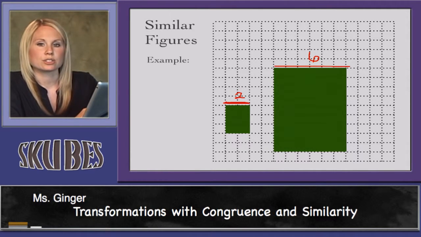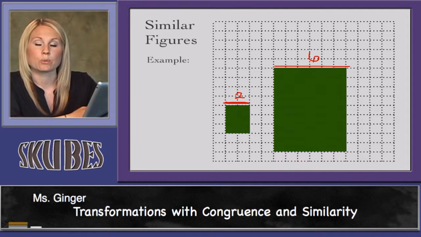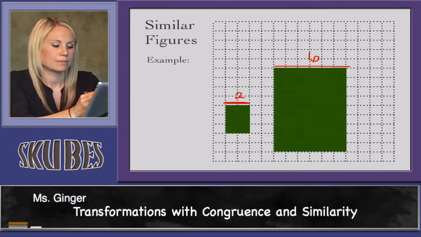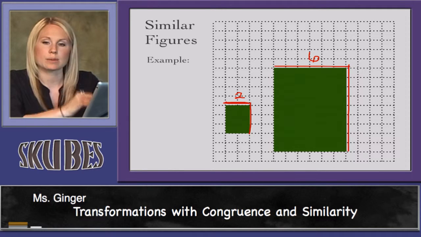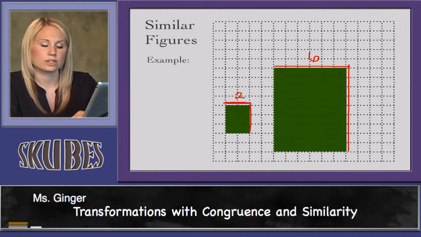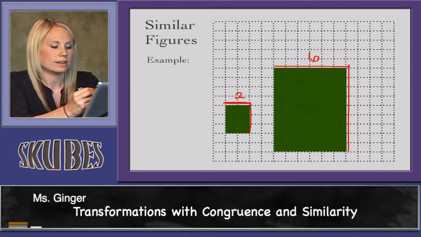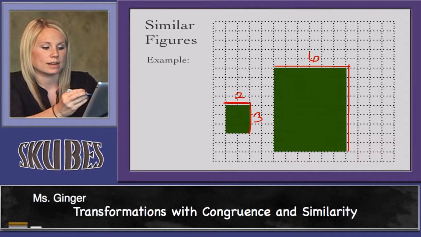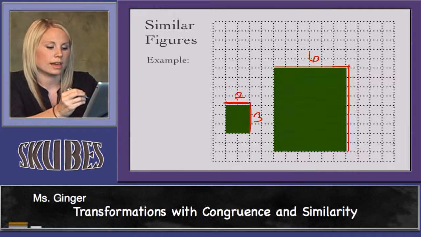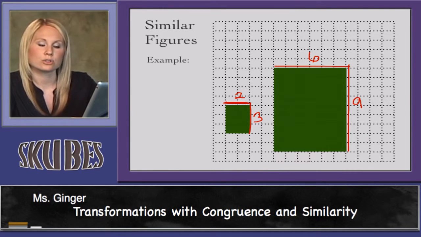So the top side has a relationship of 2 to 6, or we can say 1 to 3 if we reduce that. So if all of these corresponding sides have that same relationship, then these figures are similar. So take a look at the right hand side here. This spans across 3 units, so that means with a 1 to 3 relationship, this right hand side on the bigger figure should span across 9, and if we count that, we will actually find that that is true.